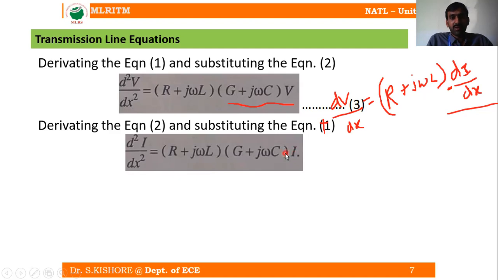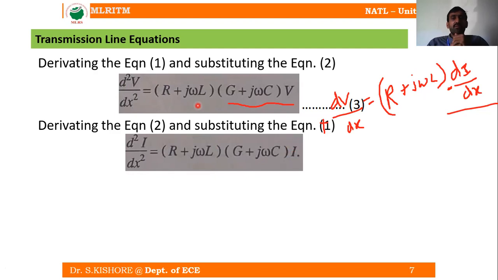Why am I differentiating here? To have only one independent variable in each equation. If we consider equation number 1, dv by dx is equal to r plus j omega l into I, we have two variables there, voltage and current.